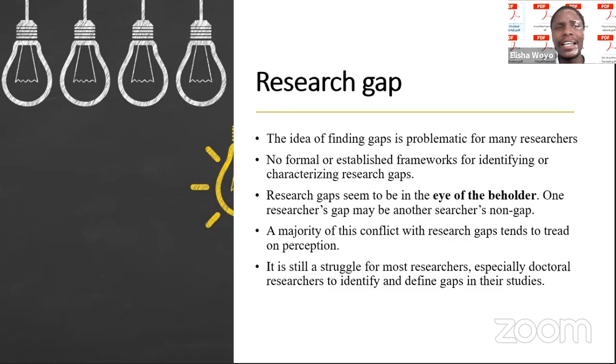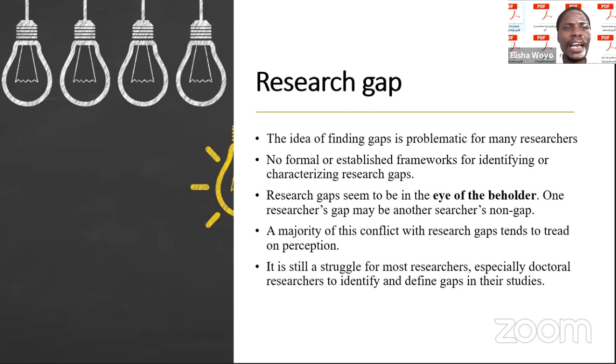And then in that kind of scenario, it becomes quite difficult because you really need to convince me that you have a gap, because I might not see it that way. So there is this conflict around research gaps that we normally treat in terms of perception. So it remains a struggle, especially for most researchers, particularly among doctoral students and master's students, to identify and define what their gap is.